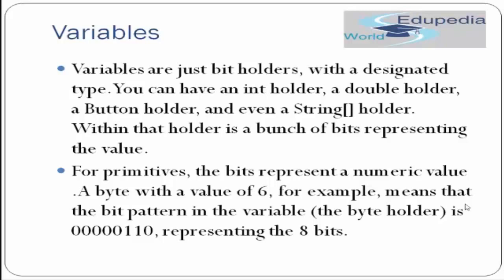Every variable gets its own memory in your Java JVM, depending upon the data type it has. So when we store a byte variable 6, it takes up 8 bits of memory.